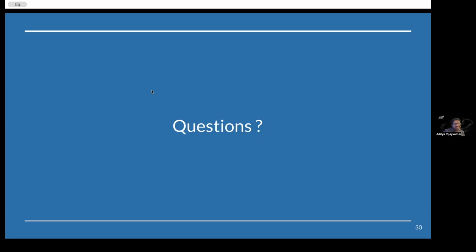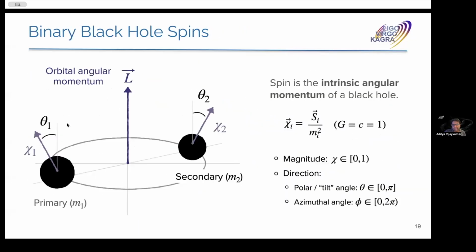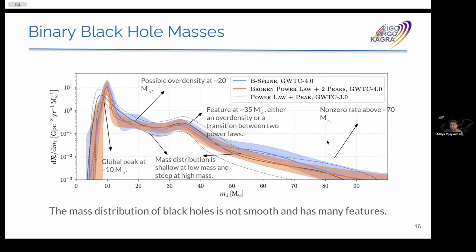There's also, as I mentioned in one of the slides, in the mass distribution, there seems to be a non-zero merger rate at about 70 solar masses. This is challenging for our theories of pair instability supernova mechanisms, where the supernova does not leave behind any black hole. These are really massive stars, which when they go supernova do not leave behind any black holes.